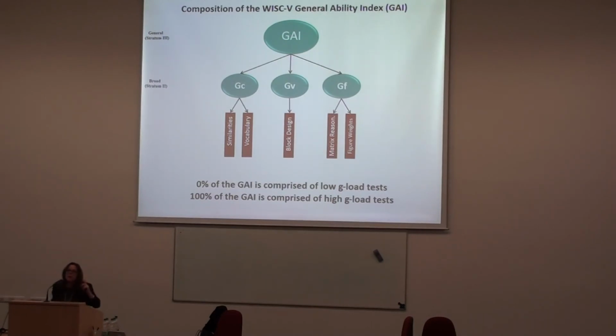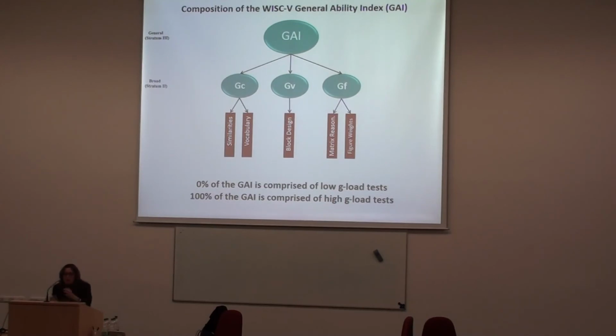So if you're talking about intellectual disability, this is the index that's going to capture higher level thinking and reasoning. If this index is about 70 or lower, then you're in the ballpark in terms of intellectual disability. The full-scale IQ, because it has the lower G-loaded tests, may bump that up a little bit.